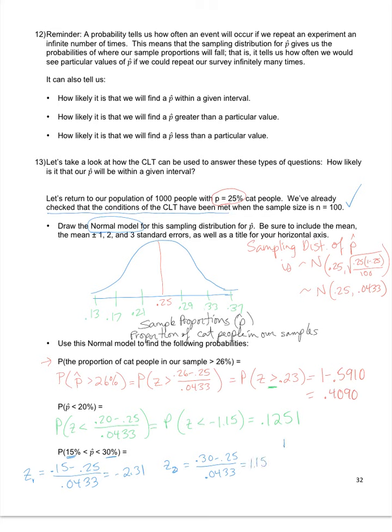So now we've got the statement that our z-score should be between negative 2.31 and 1.15. And again, I'll leave it up to you to verify in your table, but you should get these two areas that are going to need to be subtracted. Which gives us a probability of 0.8645.